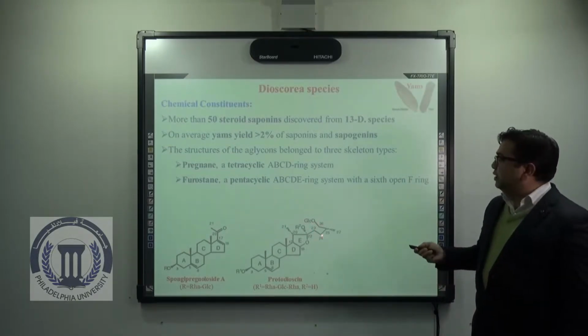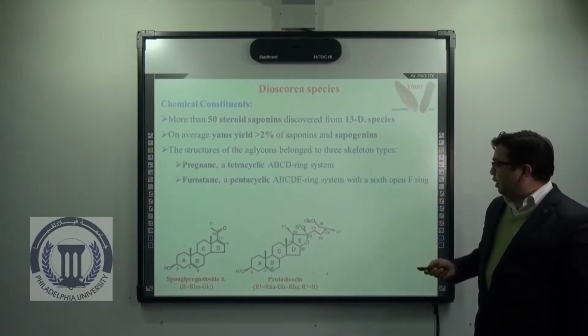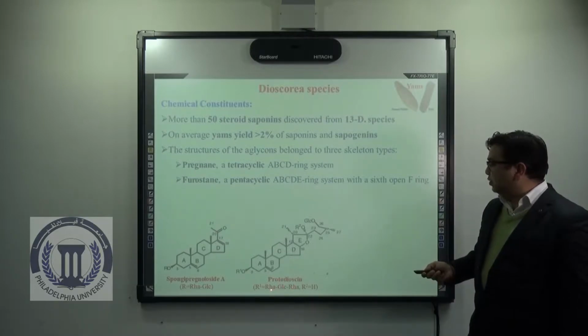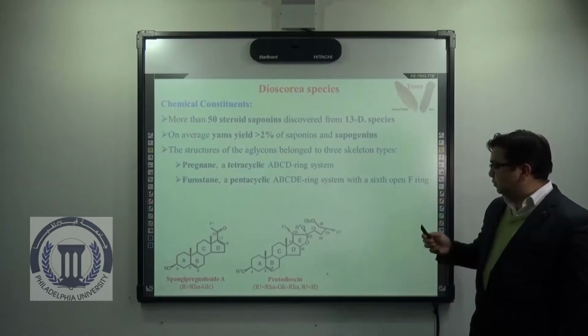Here the F ring is found to be open instead of in the ring form. And one of the examples is protodioscin containing the sugar at R1 position, that is rhamnose, glucose and rhamnose, which is a trisaccharide, whereas the R2 contains hydrogen.